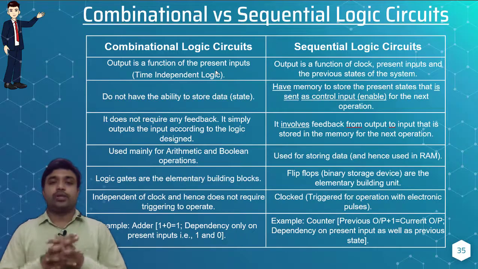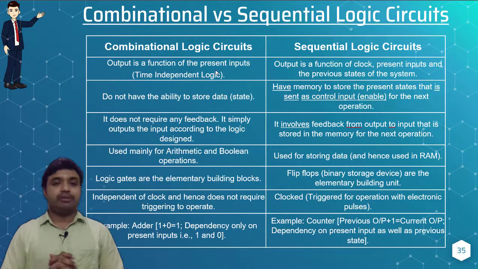The second difference: combinational circuits do not have the ability to store data. Why? Because they do not make use of any memory elements. Whereas sequential logic circuits have a memory for storing the present states.